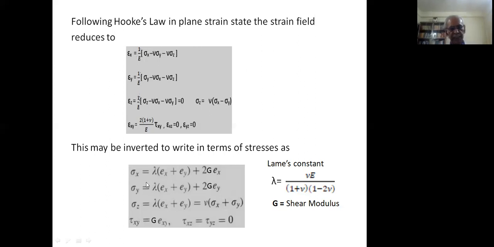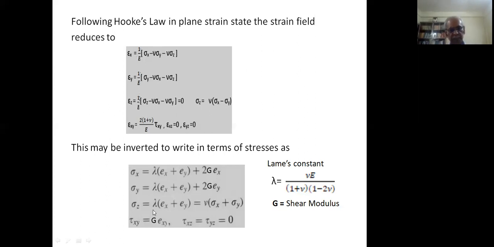We get sigma x equal to lambda into epsilon x plus epsilon y, plus 2G epsilon x, and sigma y is equal to lambda into epsilon x plus epsilon y, plus 2G epsilon y.